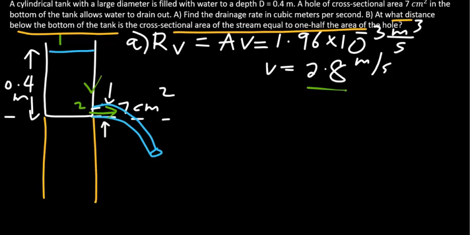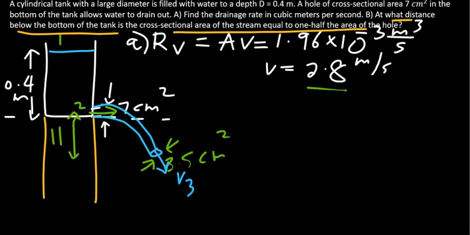We are told the cross-sectional area here to be 1/2 the area of the hole, so half of 7, which is 3.5 cm squared. We don't know the speed though, so you can take the speed to be, say, v3, and the height that we are interested in from the bottom of the tank to where this happens, you can call it h.